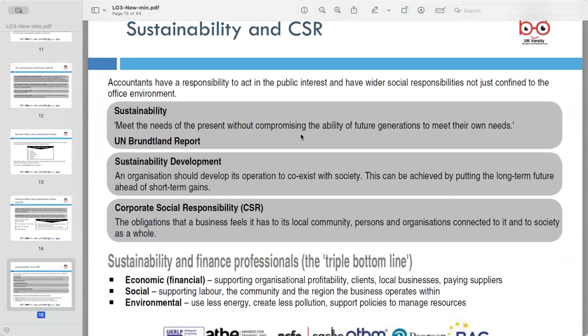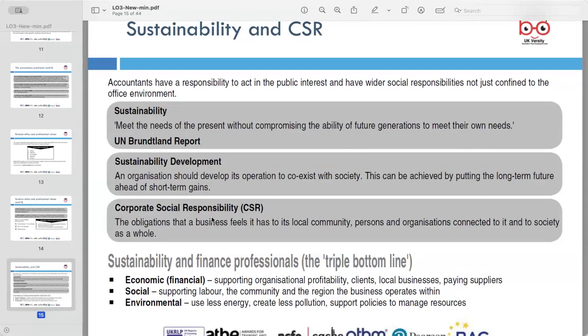Sustainable development entails developing operations to coexist with society, prioritizing long-term gains over short-term profit. Corporate social responsibility covers the obligations that business feels towards their local community, stakeholders, and society as a whole. This includes supporting economic, social, and environmental initiatives, often referred to as the triple bottom line.